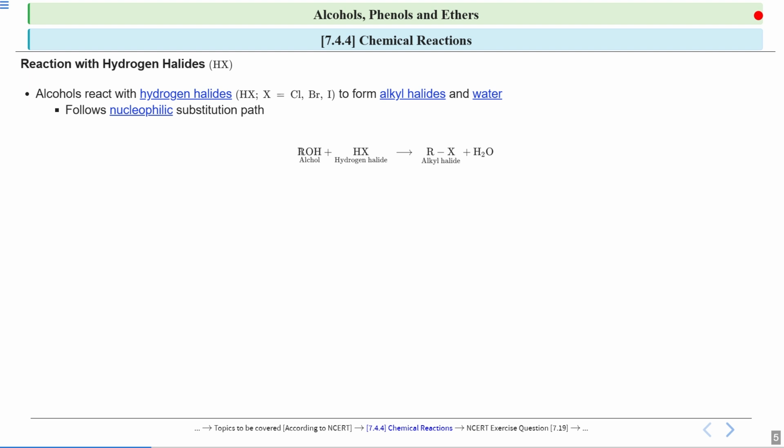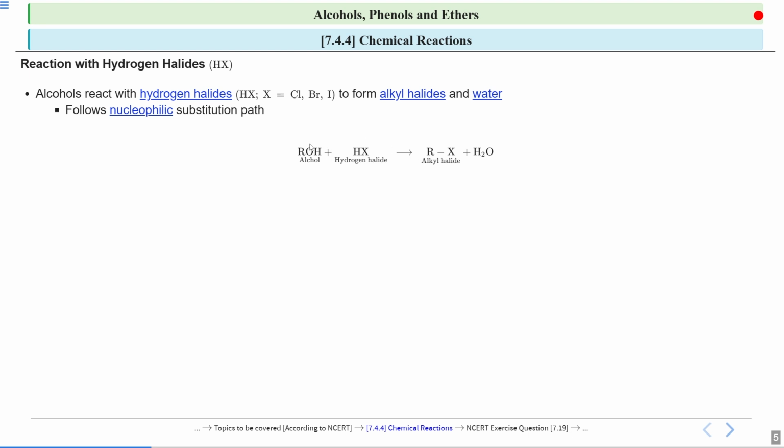Look here, this R is any carbon group which is attached. It can be any alkyl group or aryl group. This is the bond between carbon and oxygen. And when the alkyl halide is formed, this bond between carbon and oxygen is broken. Here it is the bond between R and X. So you will see there is cleavage of the carbon-oxygen bond.